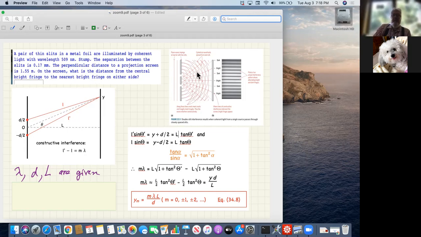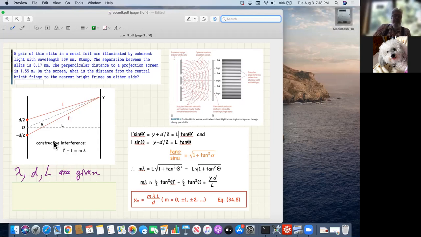So the formula is obtained by considering two sources of light, and the light that hits this screen at some distance L away from the two slits. They have two different lengths. So from the upper slit, we have a length L, and from the lower slit, we have a length L prime.